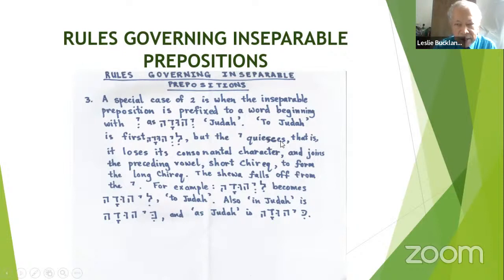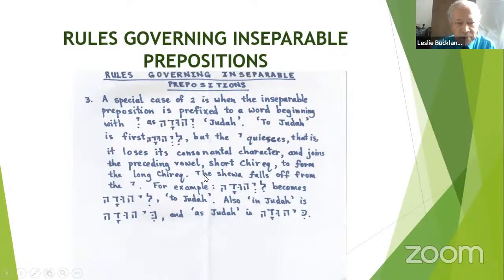Quiesces. That is, it loses its consonantal character, that is the sound of that particular letter, and joins the preceding vowel, short hirik, to form the long hirik.